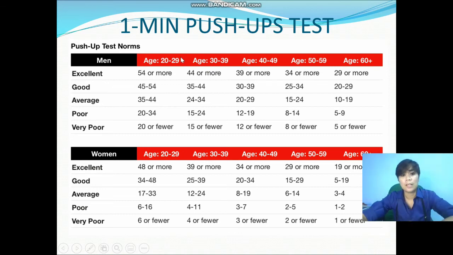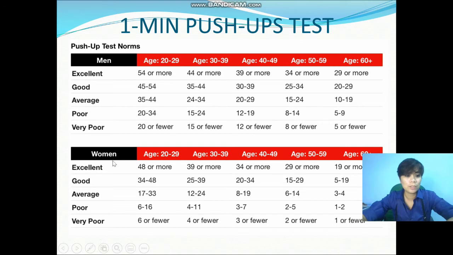However, as individuals are older, they will be compared with their age group. If I'm 34, this is the norm I should refer to. Even though I can perform 35 and I am at a good level, for you, if you perform 35, it means that you are average. So the age group plays a big role in norm reference measurement.